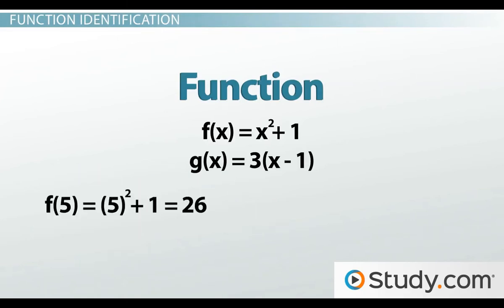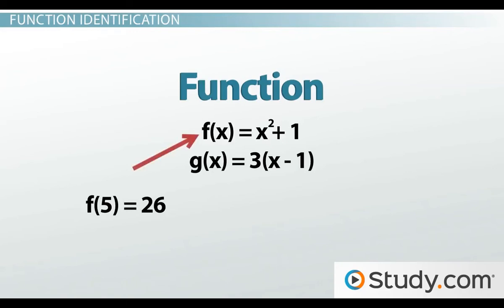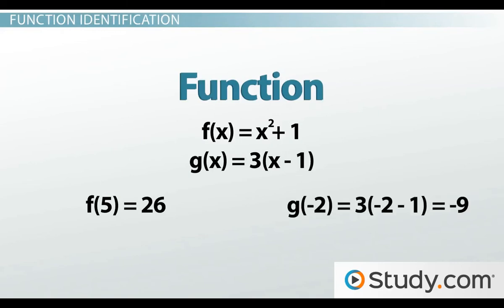Now, when we plug 5 into the f function, instead of saying y equals 26, we say f of 5 equals 26. This tells us that we used the f function and 5 was our input. Much more informative. By this same logic, g of negative 2 is negative 9.